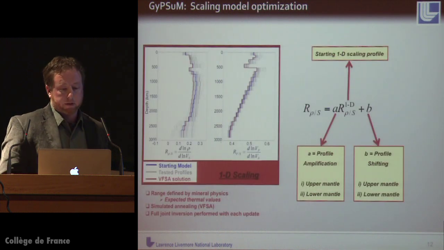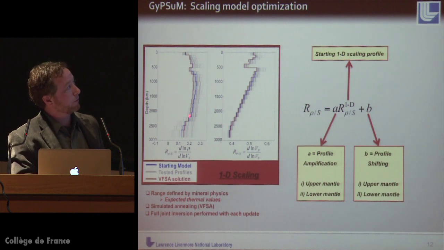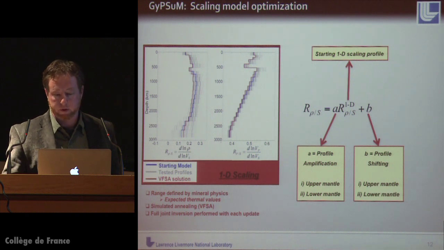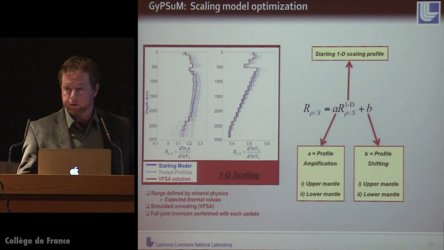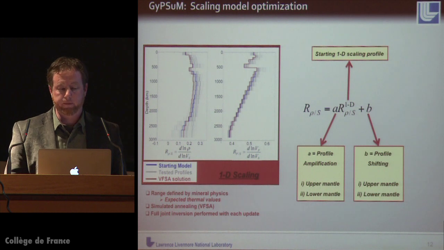So in the first round of optimization, we use simple one-dimensional profiles of these scaling relationships, rho to S and P to S. And we define a range based on the work of Fabio Cammarano and Corrado and Karato, just to define a general range of what should be a thermal relationship between these fields.